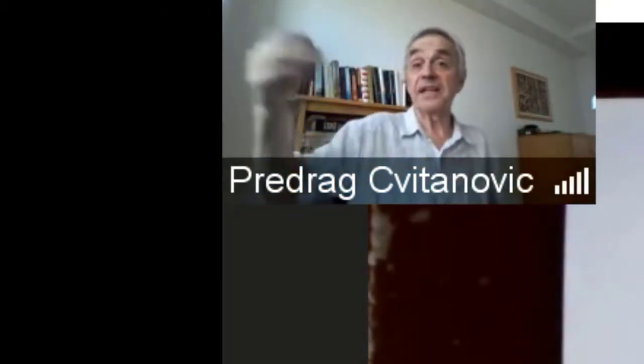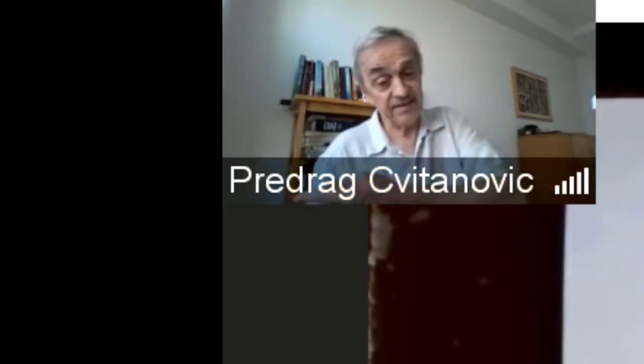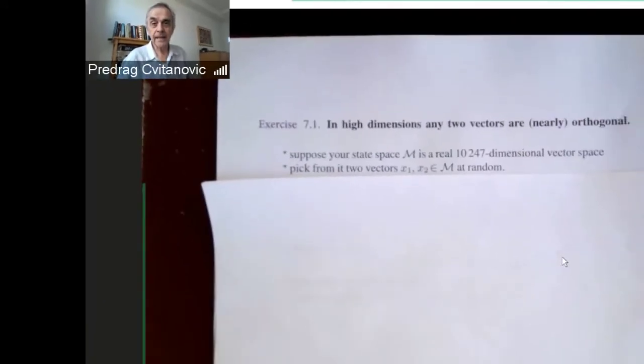I pick a vector, and Shonding picks another vector. For some reason, we have psychological reasons. We think this direction is important. He thinks this direction is important. So how big is his vector going to look to me is the question.